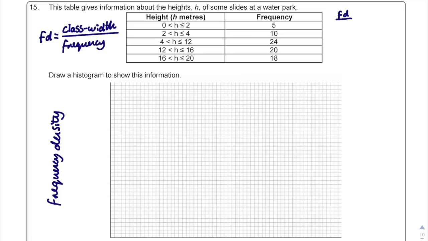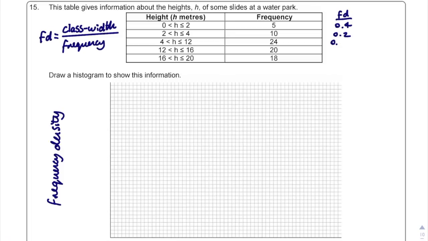So the class width for the first one is 2, and the frequency is 5. So we're going to do 5 divided by 2, which is 2.5. Then the next one, the class width is 2, and the frequency is 10, so we're going to get 5 for the frequency density. The next one, the class width is going to be 12 minus 4, which is 8, and the frequency is 24. And we get 3 for that.